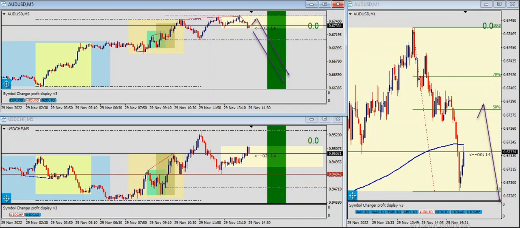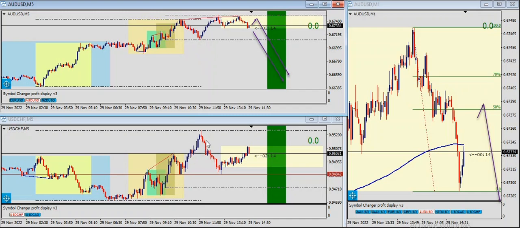Price was creating higher highs and higher lows. Then on the USD CHF, you see price was also creating higher highs and higher lows. At this point, price was supposed to be creating lower highs and lower lows, since it is negatively correlated to this pair. So that is what gives me my confirmation.